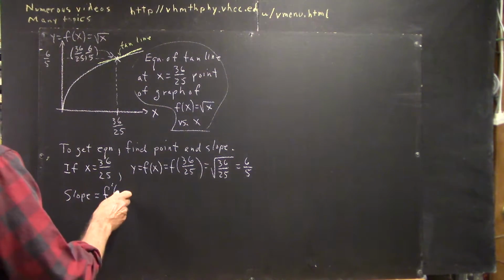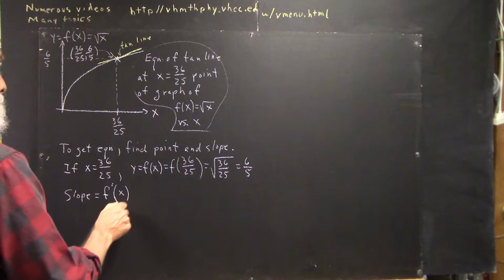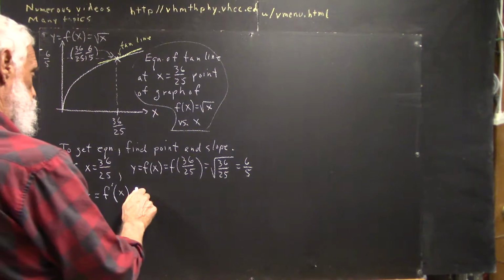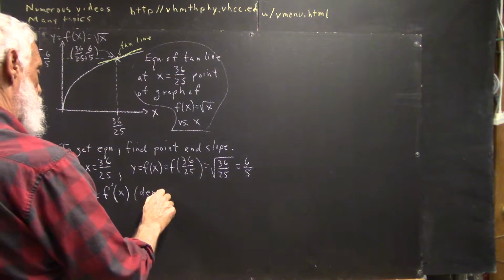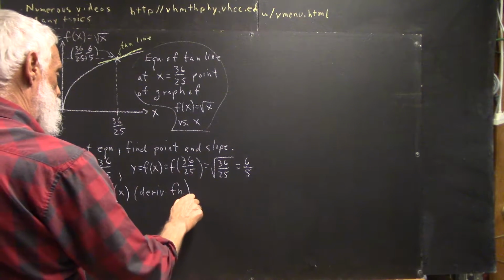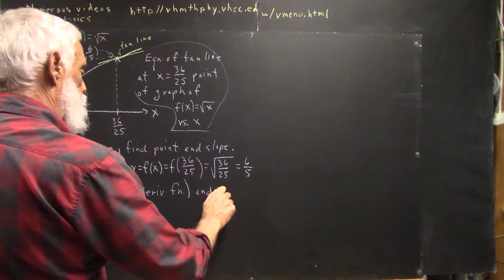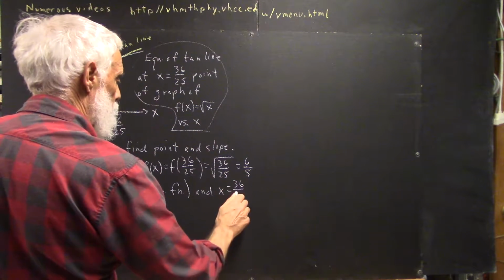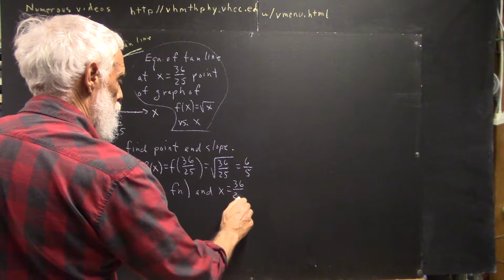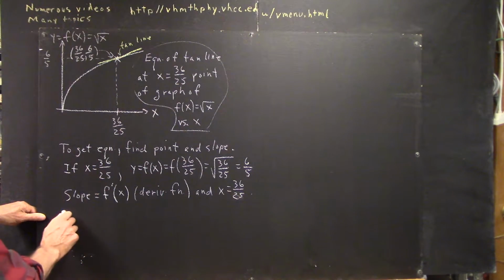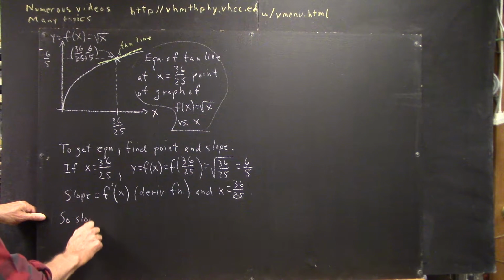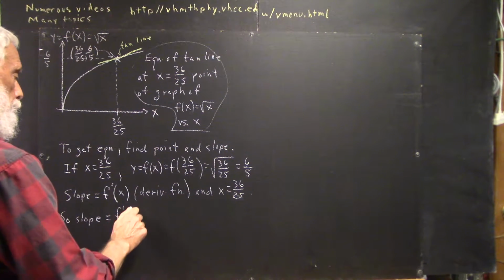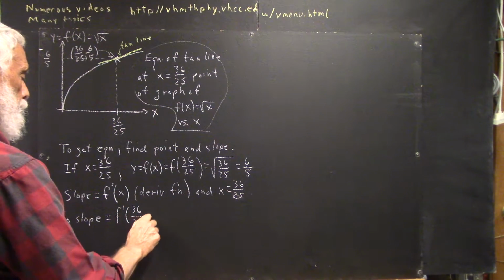The slope is f prime of x, which is the derivative function, at x equals 36/25 at that point. So the slope is f prime of 36 over 25.